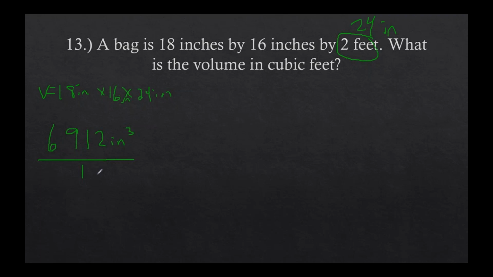The answer to that is no. Because why? We're in cubic inches and we want cubic feet. Very good, exactly. So how do we go from cubic inches to cubic feet?